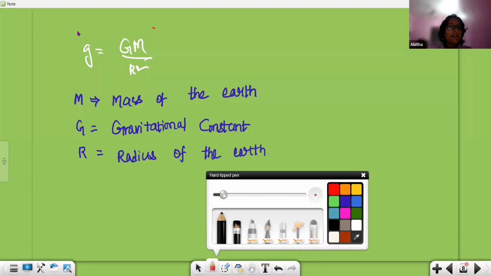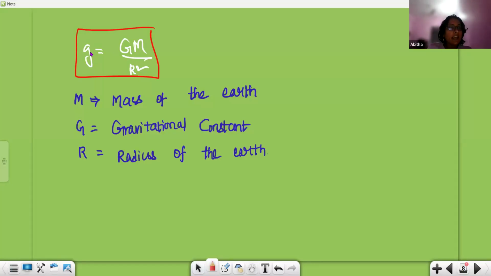Now from this formula, can we say acceleration due to gravity is directly proportional to the mass of Earth? Yes, we can say that, and inversely proportional to R square. What is R? R is the radius of the Earth.